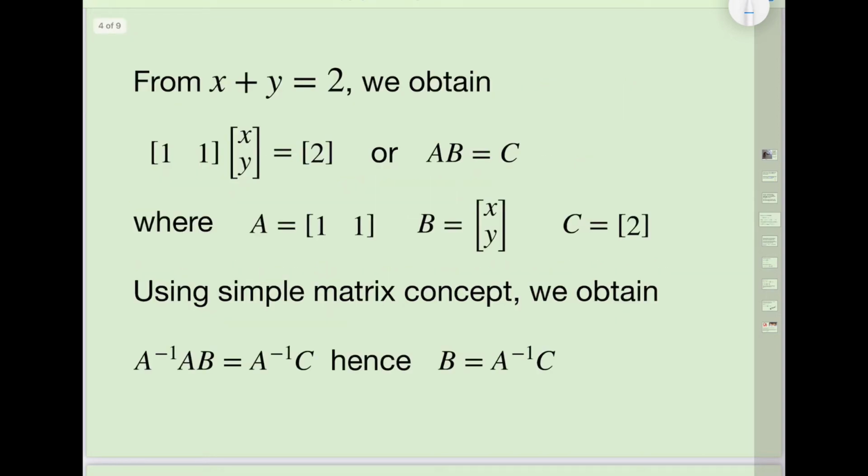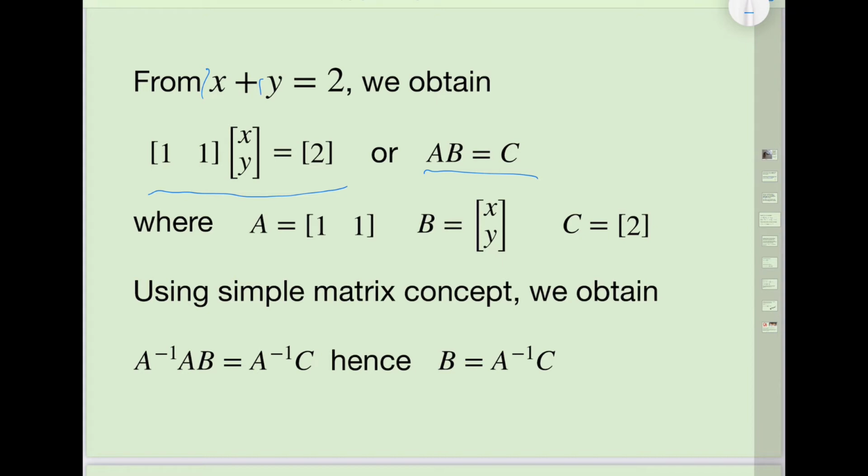First of all, we start from the equation x plus y equals 2. We can convert it to matrix form, and then we define A equals 1 and 1, while B equals x and y, the variables, and C equals the output 2.